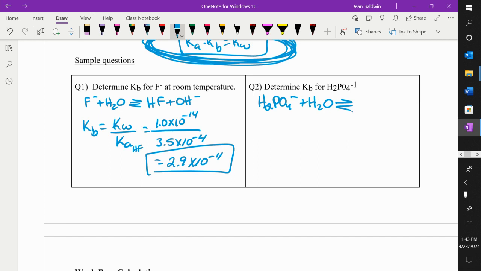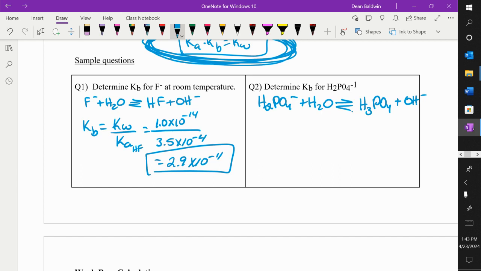So is it losing or is it accepting a proton? It's accepting a proton. Because remember, water can act as an acid or a base too, right? So the H3PO4, and I get this. Hang on, it'll make sense in a sec.